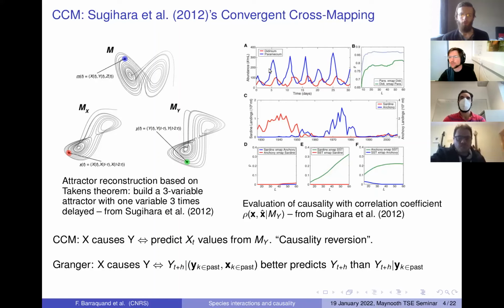For instance, in the predator-prey example that I showed you earlier with Didinium, the predator, and Paramecium, the prey, Sugihara and Kohoto showed that, for instance, if you look at Paramecium cross-mapping Didinium, which means the Paramecium time series predicted by the reconstructed Didinium attractor, it has a high correlation between predicted values and true values.